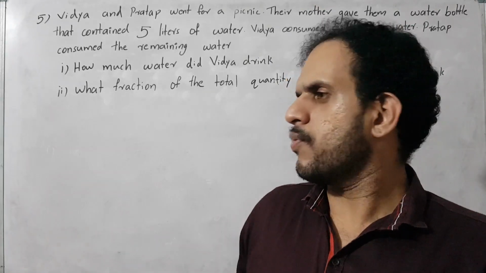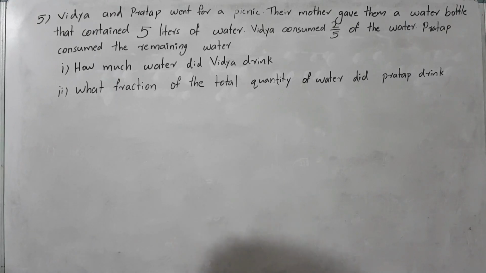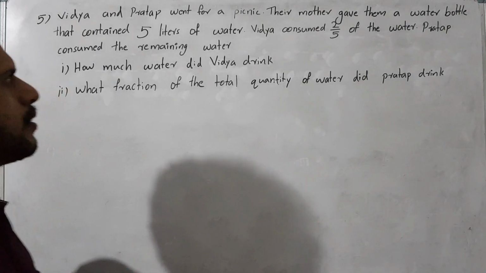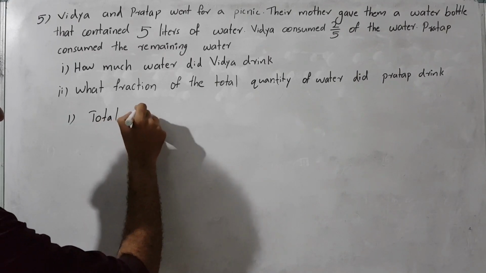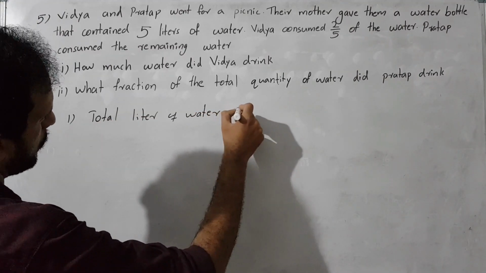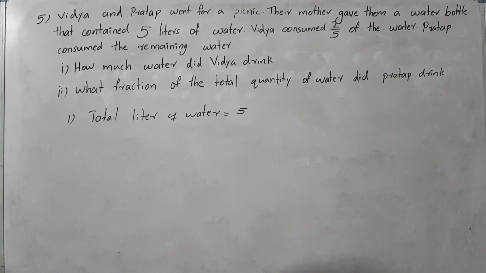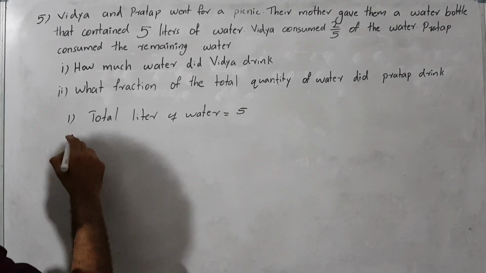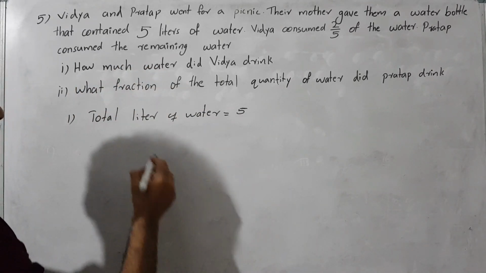Correct? So, we start as usual. The first one is the application of 'of'. Correct? Of means into. First, the total liters of water is equal to 5. Then, what is the first question? How much water did Vidya drink?